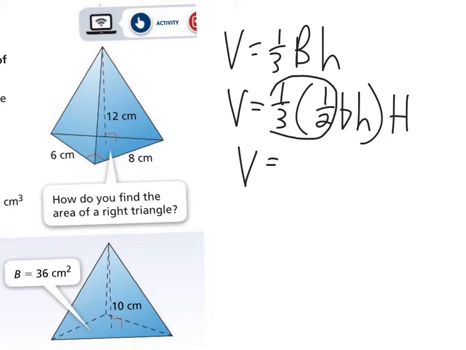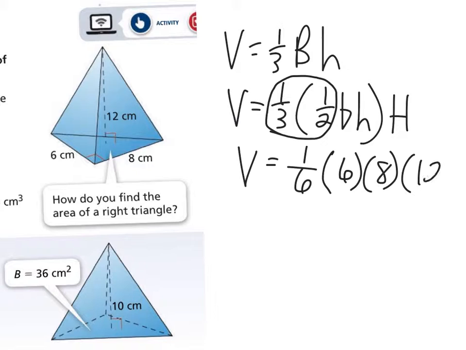Anyway, what you can do actually on this problem, even before you get started here, you got two fractions in front. You can go ahead and multiply those together. So 1/3 times 1/2 would be 1/6. And then on our triangle, you might say the base is 6 and the height is 8, depending how you're looking at it. And then the height of the pyramid is 12. And then those whole numbers, you can put all those over ones.